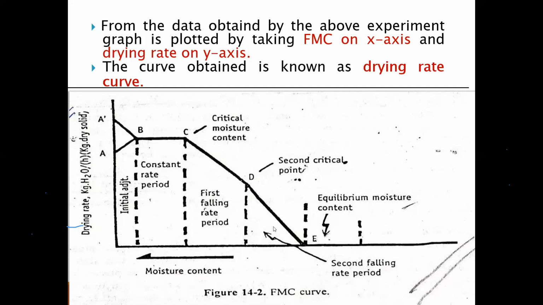The second falling rate period has a much steeper curve. It is much higher than the first falling rate period, and during that period the drying rate falls even more rapidly as compared with the first falling rate period. During this period, the rate of drying depends upon the rate of diffusion of moisture from the solids, right? The total rate of drying depends upon the moisture contained inside.